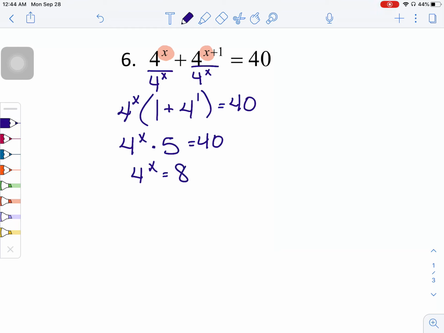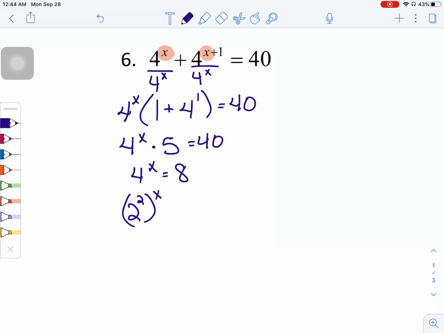Okay. Now this is a place where practice gives you some insight into these. There is no way to write 8 as a base of 4. It can't happen. But both 4 and 8 can be written as a base of 2. So 2 to the second is equal to 4.